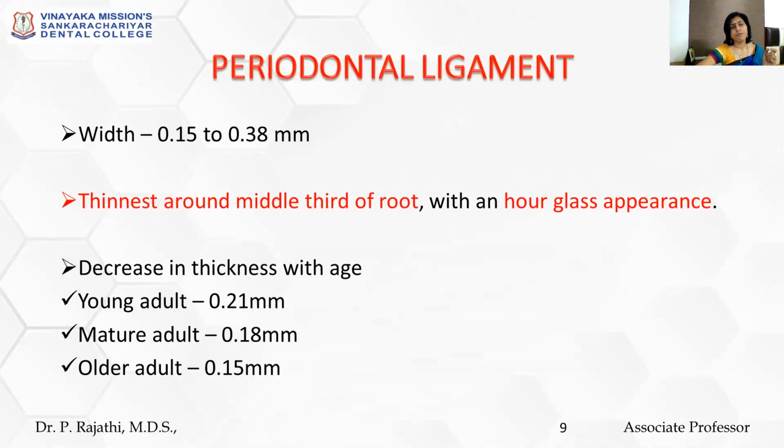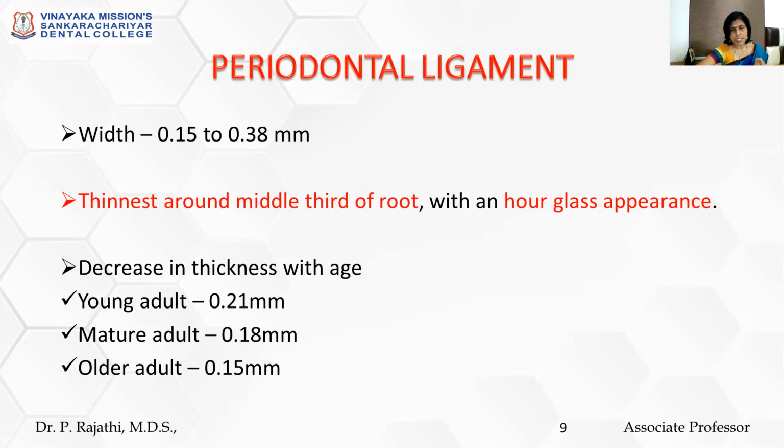Coming to the width of the periodontal ligament, I have already said it is less than 1 mm. To say an exact range, it ranges from 0.15 to 0.38 mm. It is thinnest around the middle third of the root, so it's thicker in the cervical and in the apical third.